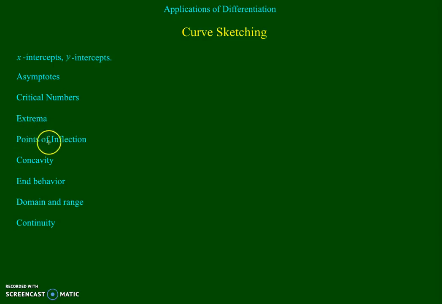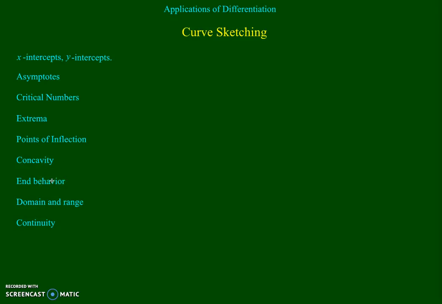We're going to look at points of inflection, the points that tell us where the slope of the tangent line is going from increasing to decreasing or decreasing to increasing. And ultimately then concavity, which tell us what intervals the function's tangent line is increasing in slope or decreasing in slope. We're also going to look at end behavior.